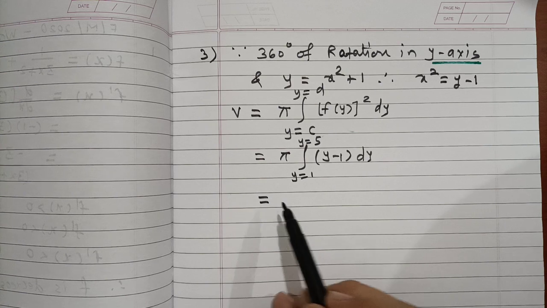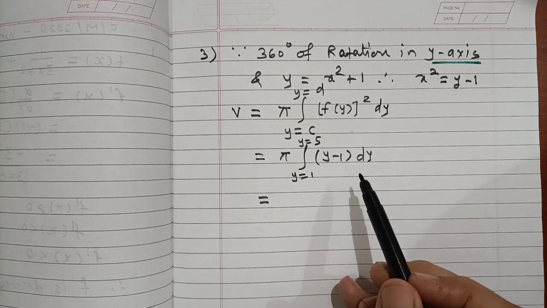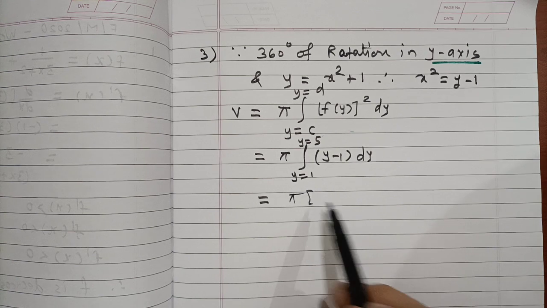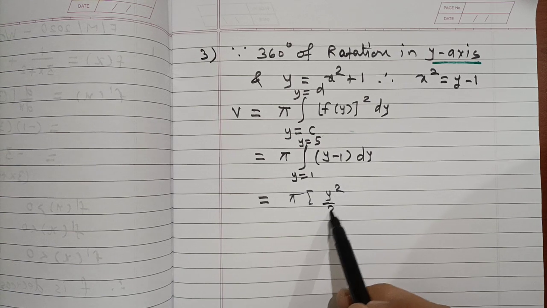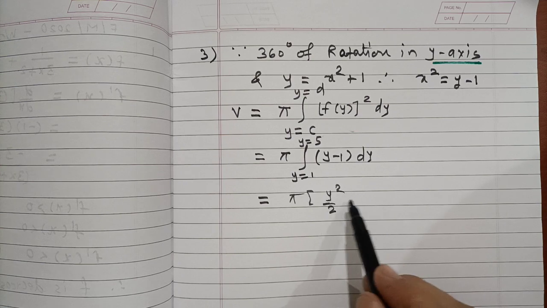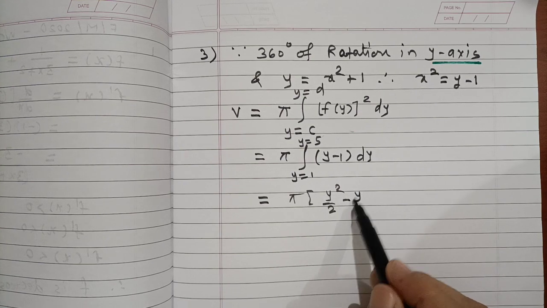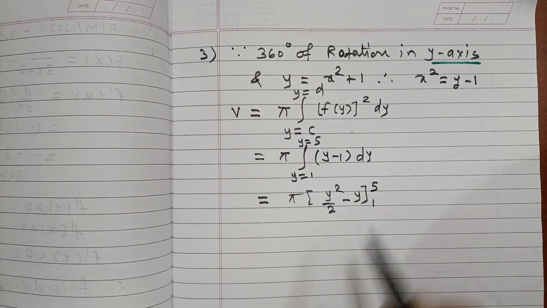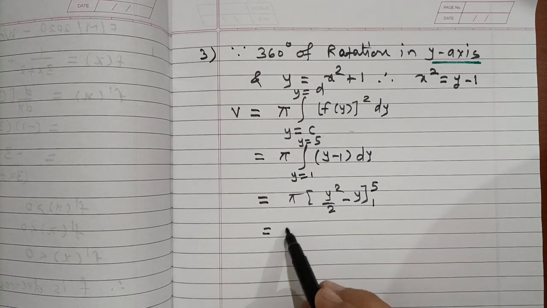Now we simply need to integrate this. So integration of y is y square by 2 minus integration of 1 is y. Now we need to substitute the limits from 1 to 5, which is equal to pi.